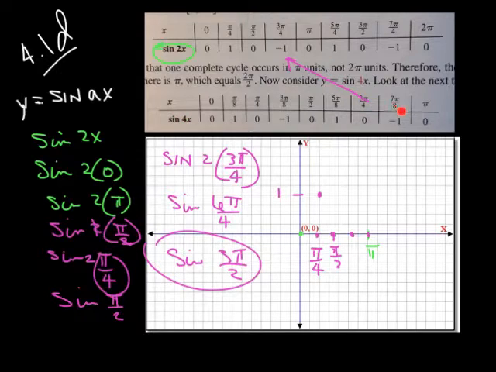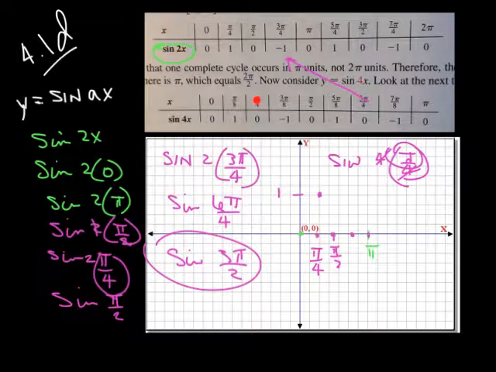Okay? The same happened down here. We took pi over 4 and put it in for x, the sine of 4 times pi over 4. Those will cancel, so actually what we're looking at is the sine of pi.